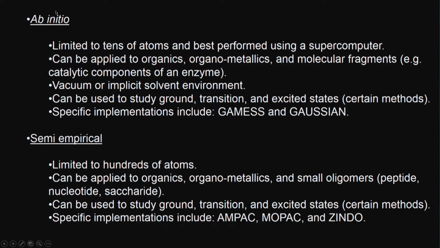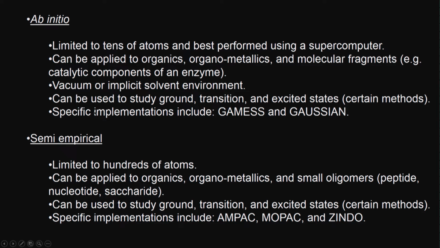Okay, so like I said, we have the ab initio and we have the semi-empirical. Ab initio is limited to tens of atoms, so you need to have very good computational resources. We can apply it to organics, organometallics, molecular fragments, catalytic components of an enzyme. We can do vacuum or implicit solvent, and it can be used to study ground state, transition state, and excited state.